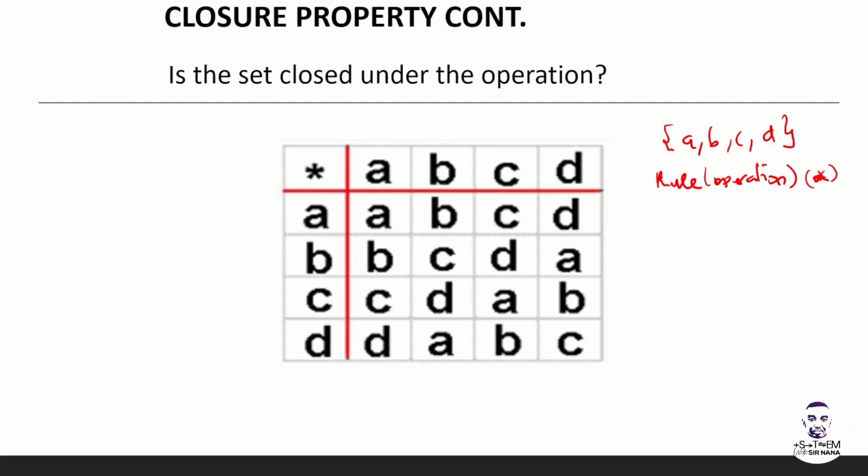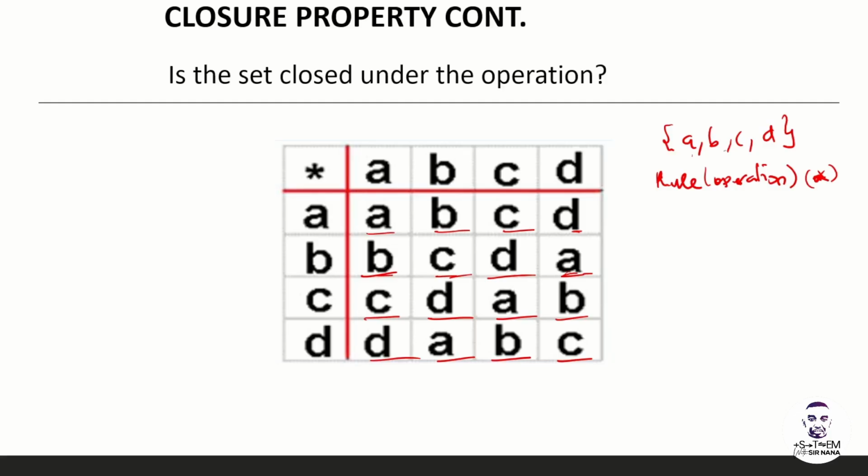So we want to check whether the products here, A, B, C, D, B, C, D, A, C, D, A, B, and D, A, B, C, belong to the set {A, B, C, D}. So pause the video and see whether any of them falls outside. I believe you'd conclude that all the products that we have here are all parts of A, B, C, and D, right?